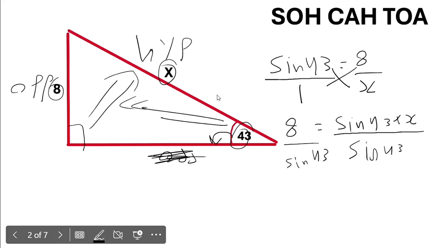Now in calculator, 8 divided by sine 43, x equals 11.73.